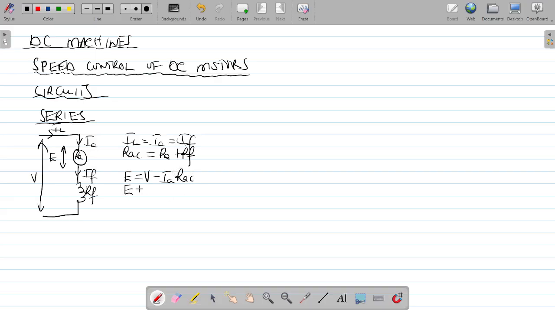Alternatively, you can write the same formula as V minus IA times the total resistance, which is RA plus RF. You need to bear in mind for this specific circuit, RF refers to the series field resistance, just for this circuit here.